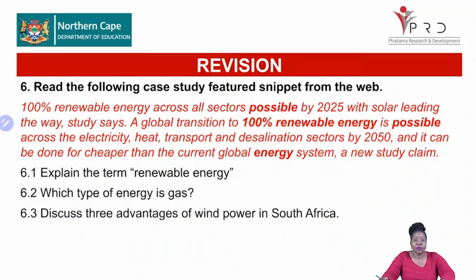And then the question, which is 6.1, says explain the term renewable energy. And 6.2 says which type of energy is gas. And 6.3 says discuss 3 advantages of wind power in South Africa.